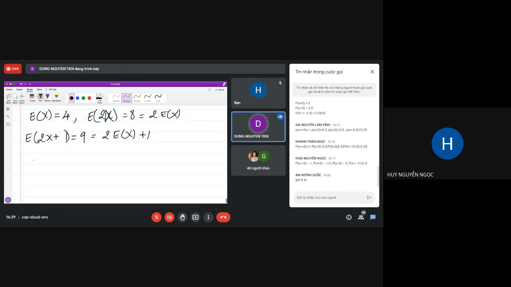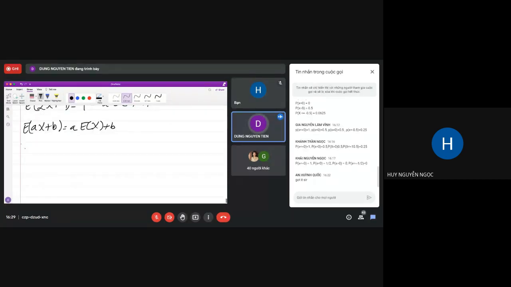In general, the mean value of ax plus b is a times the mean of x plus b. And the mean of x plus y is the mean of x plus the mean of y.